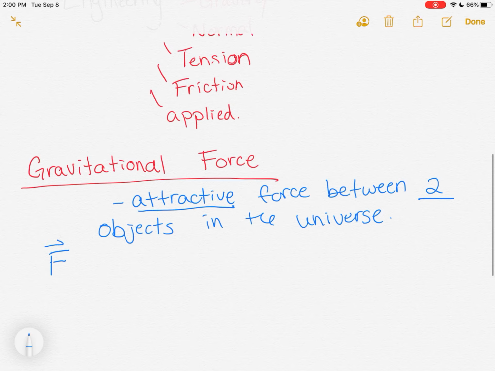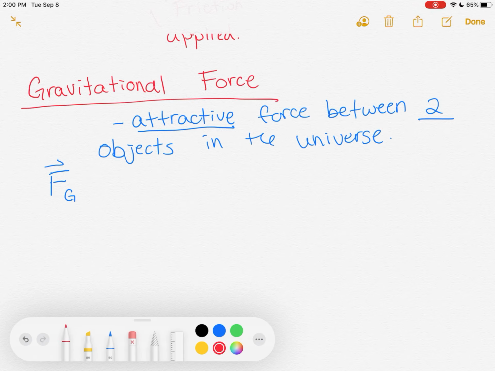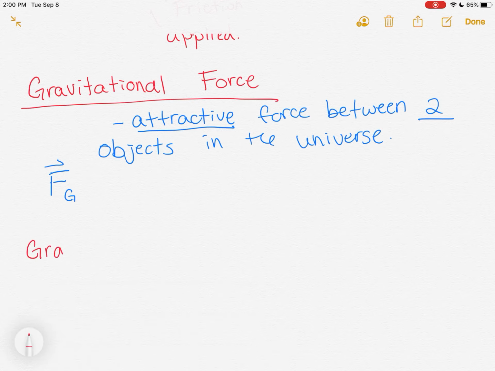We're using F to represent our force, and gravitational force is F with a capital G. It is extremely important that you use a capital G here for gravitational force, because gravity force, which is an engineering force, is going to have a different notation, but they both start with a G. So you have to be really careful here. You want to make sure gravitational force is capital G. Okay, so then when we look at our engineering forces, we're going to start with our gravity force.